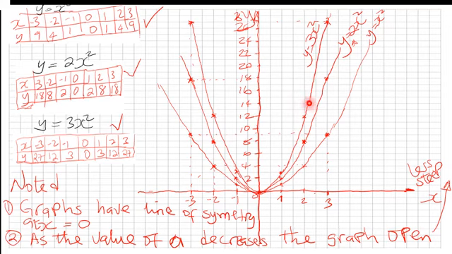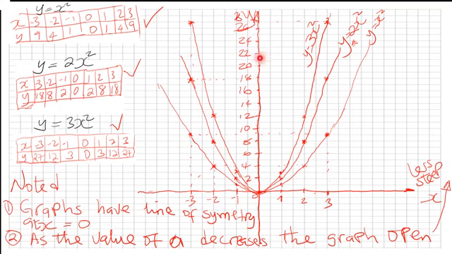It's opening up, moving away from the y-axis. Here at 1 it is completely away from the y-axis, our line of symmetry, which is at x is equal to 0.